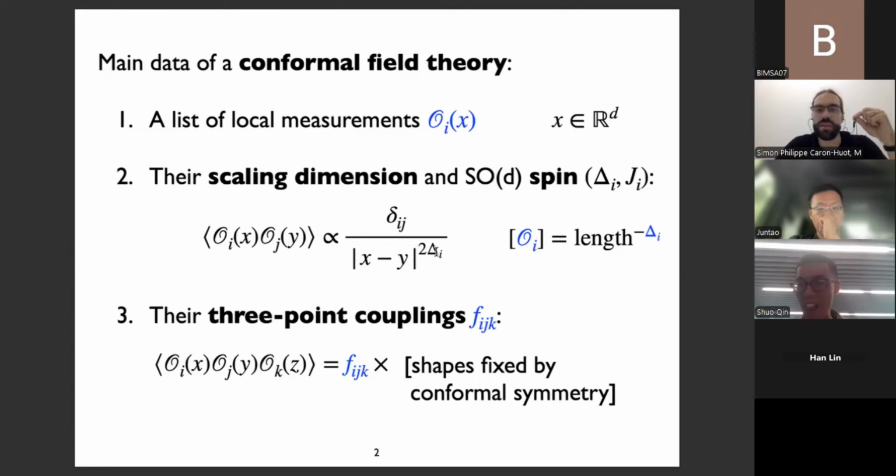They're characterized by an exponent, which we think of as the inverse length dimension of the measurement. And these measurements also have 3-point functions, which are very useful. Essentially, their shape is determined by symmetry, so they're basically just constants.